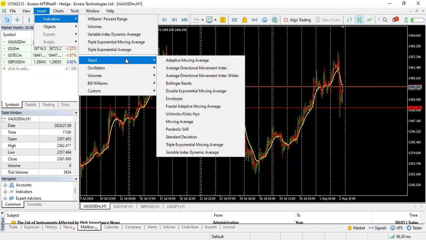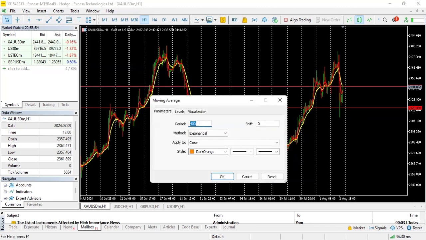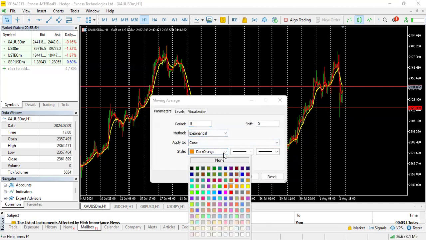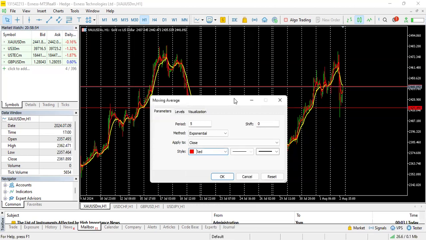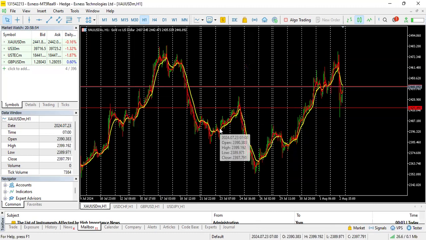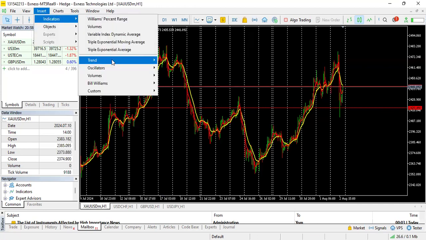I go to insert, indicators, trend, then click on moving average, and choose 5, change it to exponential moving average. The color I'm choosing for my 5 EMA is red.